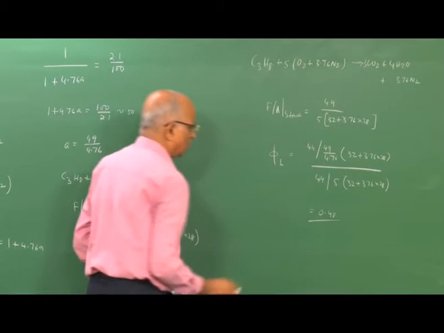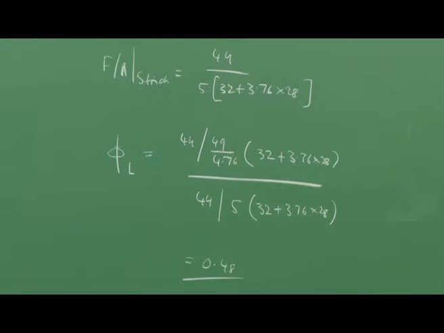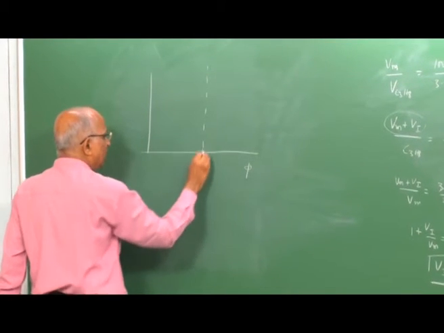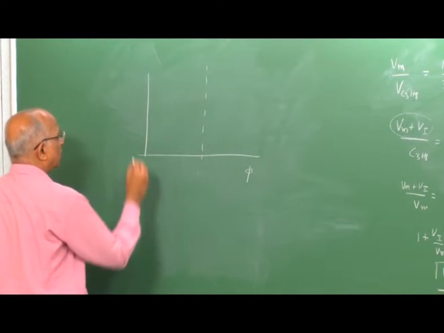This is the equivalence ratio. Let us quickly examine the significance of this equivalence ratio. What did we say earlier? When the equivalence ratio phi is 1, we have completely burnt products of combustion.